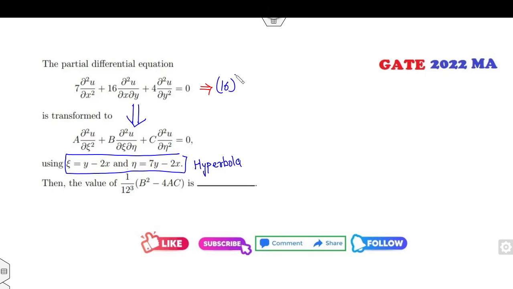You can see b square minus 4ac, 7 into this number. Fine. Now, once you know you can transform them, it is a hyperbola. What is the condition for that?